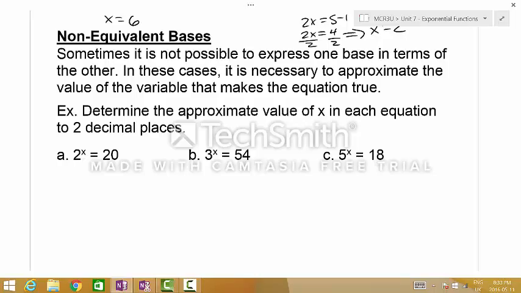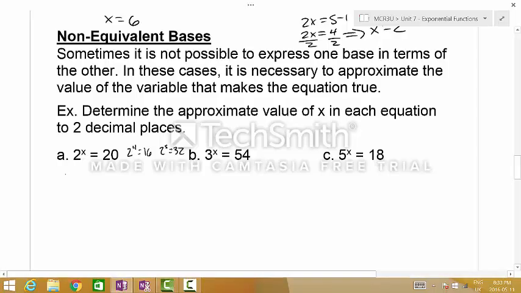Now, by doing this, we know that 2 to the power of 4 is 16, and 2 to the power of 5 is 32. So that's going to tell us that our x should be between 4 and 5. 20 is closer to 16 than it is to 32, so I'm guessing my x is going to be a little bit closer to 4 than it is to 5.